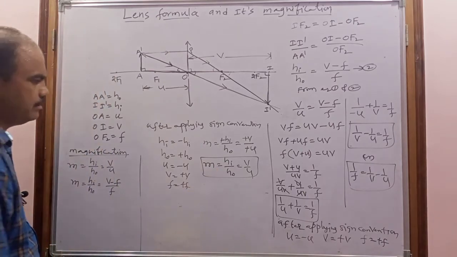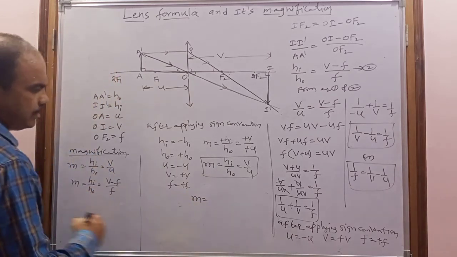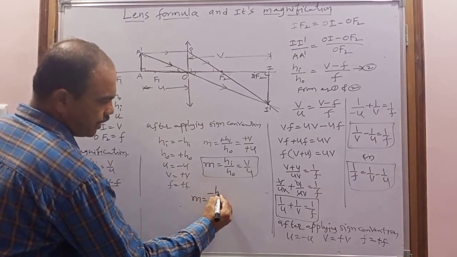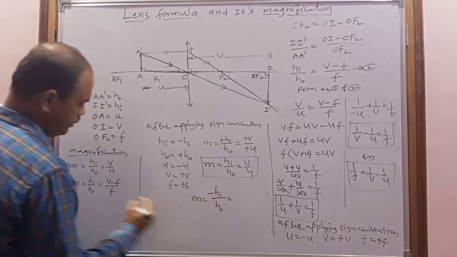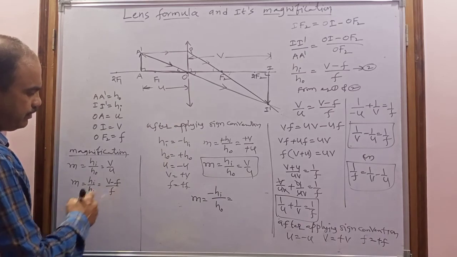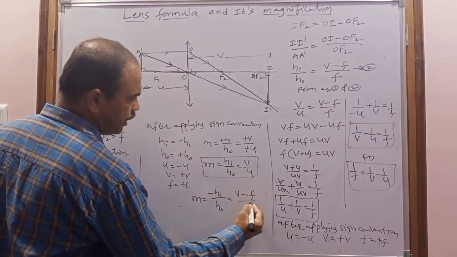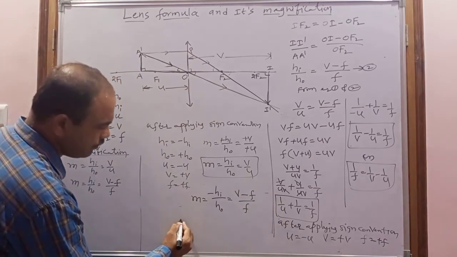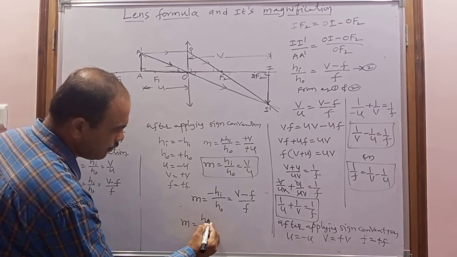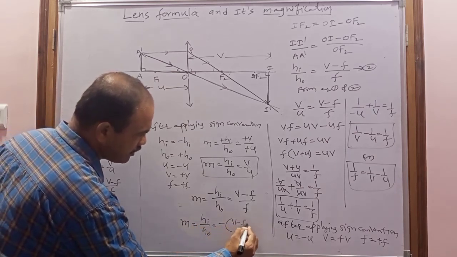And the next magnification formula is m equals height of the image by height of the object. Height of the image means what? Minus, because the height of the object is plus, equal to (v minus f) by f. So v is positive, f is also positive. So what is the magnification formula? m equals height of the image by height of the object equals minus (v minus f) by f.